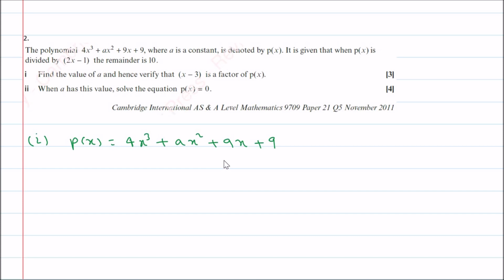Now when divided by 2x minus 1, the remainder is 10. So we need to use the remainder theorem. So 2x minus 1 set to 0. 2x minus 1 equal to 0, and this gives us x equal to 1 by 2. So we have to find p(half).